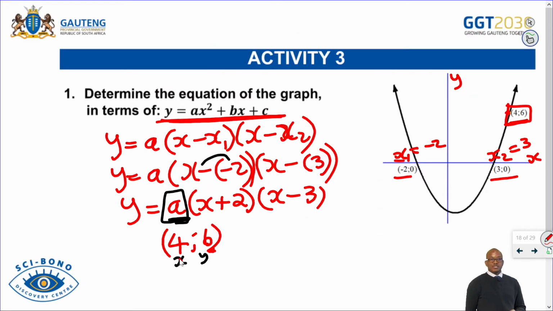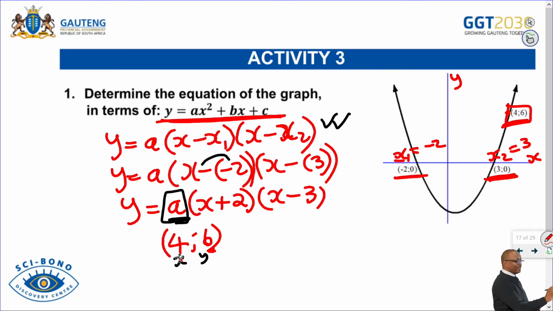So you can see the steps of how to determine the equation of the graph when you are given the two x-intercepts and one point on the graph. This is the method that we are using. Remember, this type of formula is not on the formula sheet. It's important for you to know it. Then substitute your x1 and x2 and simplify it.